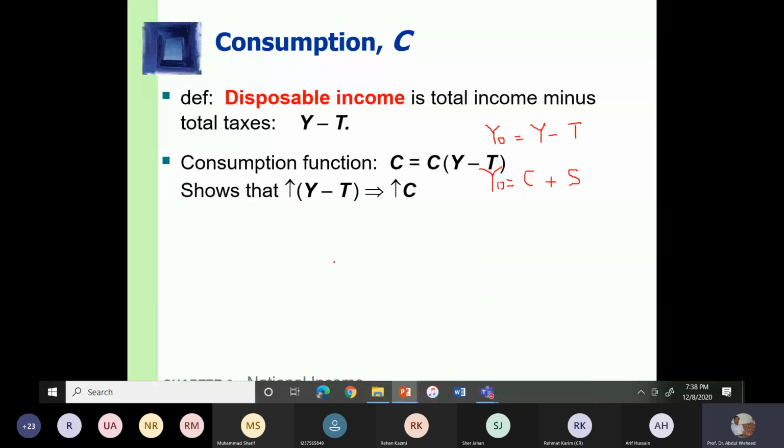If the disposable income decreases, consumption expenditure will also decrease. So there is a positive relationship between consumption and disposable income. This means if this decreases, this will also decrease.